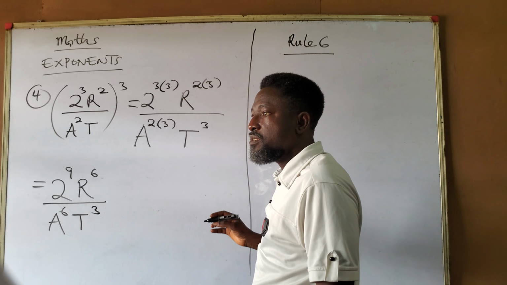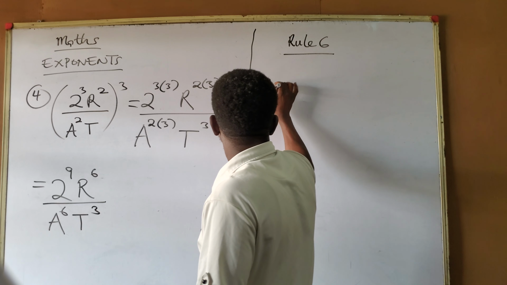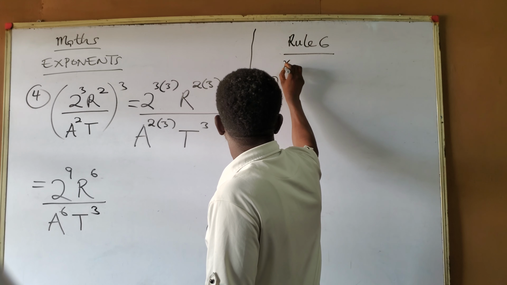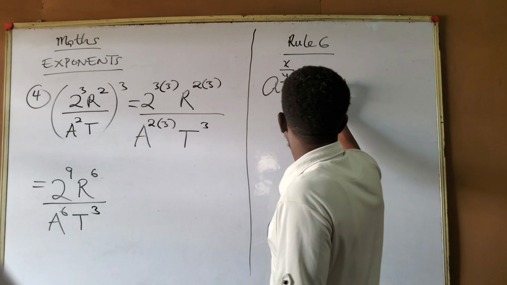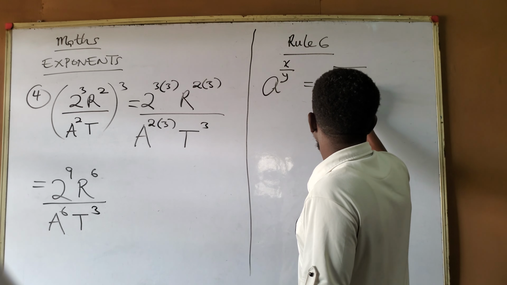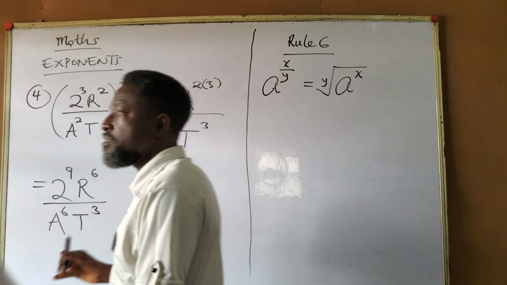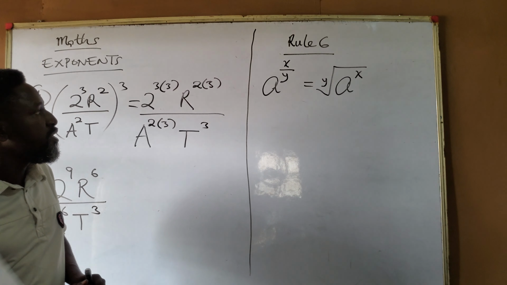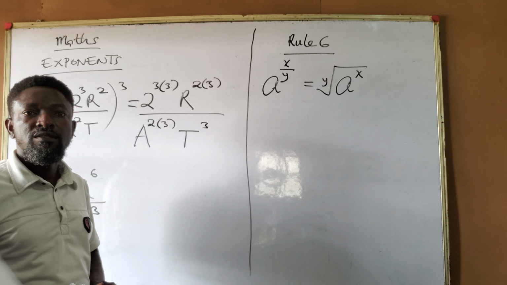Rule number 6 says, if you have a to the power x over y, it's the same thing as the y root of a to the power x.